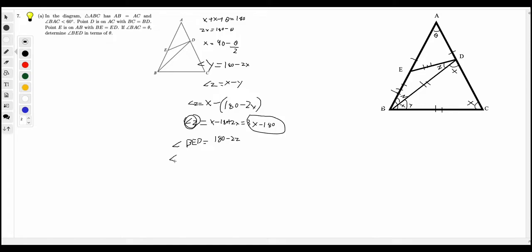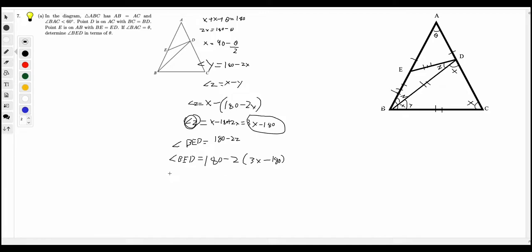So angle BED is equal to 180 minus 2 times (3x minus 180).